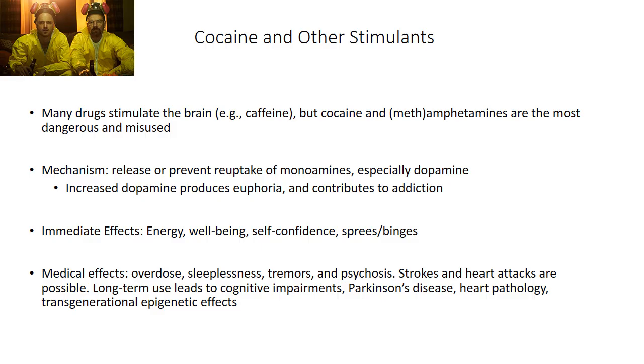The immediate effects of this stimulation, this dopamine release of certain kinds, is energy, feelings of well-being, euphoria, feelings of self-confidence. People go on sprees of use and binges of use as people seek more of this stimulant, energy, and well-being. So this is why people do these drugs.